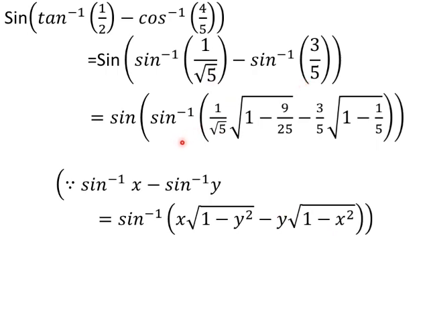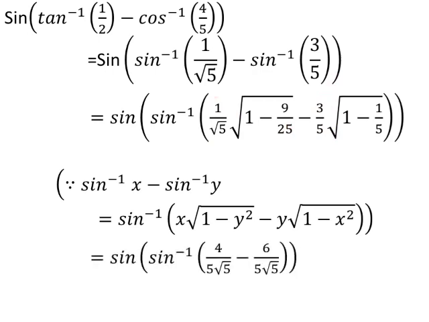So sin inverse of x value 1 by root 5 into root of 1 minus y square. So 3 by 5 the whole square is 9 by 25, minus y, that is 3 by 5, into root of 1 minus x square. 1 by root 5 the whole square is 1 by 5. It is equal to sin of sin inverse.